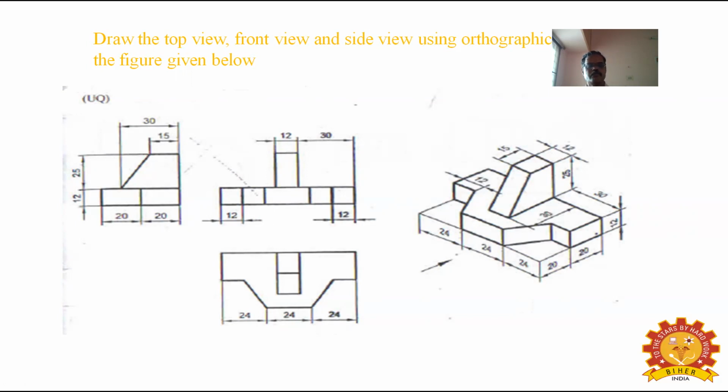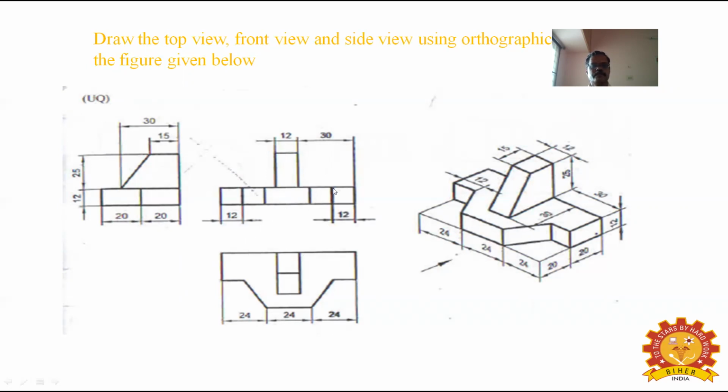How to draw the front view? From the top view, you have to draw the projection lines from all the corner points. First draw the rectangle. What is the size of the rectangle here? It is 72 by 12. Within the rectangle only, you have to mark the inner edges, by drawing the projection line from the top view and coinciding with this line in the front view.